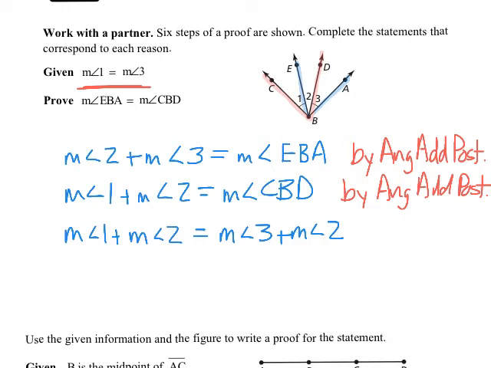What did I just do there? All I did was add measure of angle 2 on both sides, right? So that would be by addition property of equality. All I did was add measure of angle 2 on both sides.